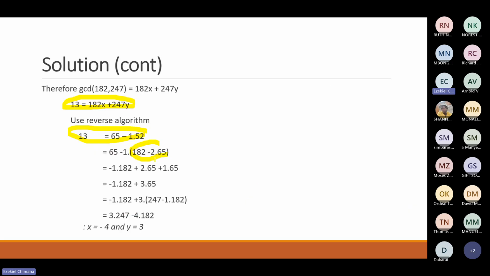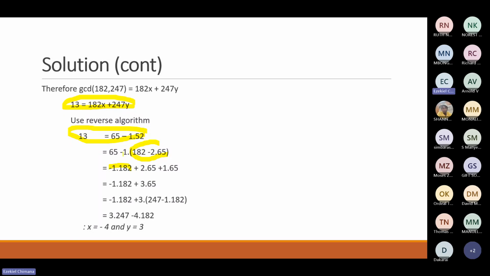Once you have that, you can reduce this one to its simplest terms by multiplying with this coefficient. Remember, this minus 1 is multiplying everything. So that's why we are having minus 1 times 182. We are maintaining this coefficient because they are very important.